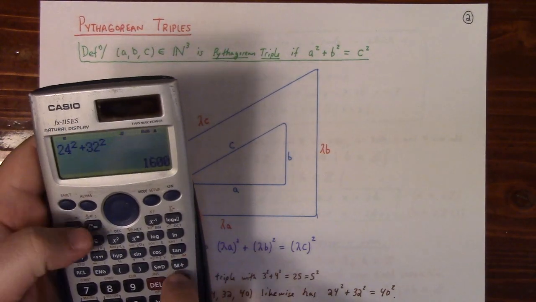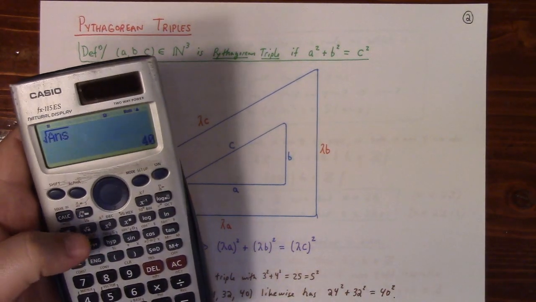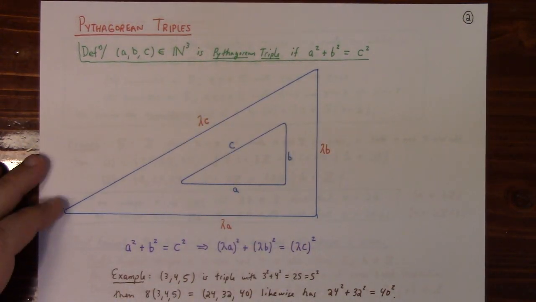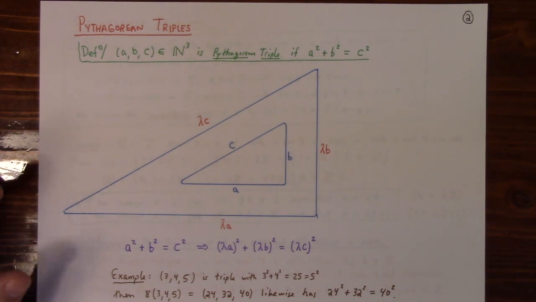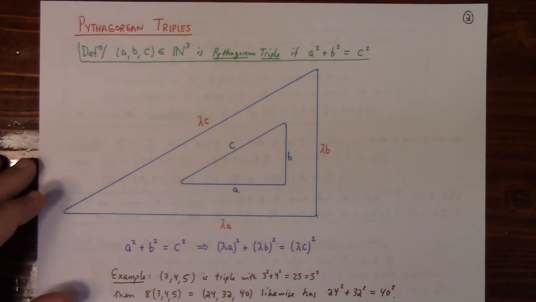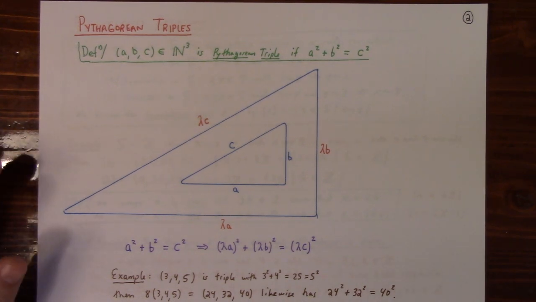Hey, check that out. And of course that is 40 squared. So if you have one Pythagorean triple, you can generate all kinds of new ones, right? There's tons more to say about Pythagorean triples, but I just wanted to give you a short example of algebraic number theory in action.